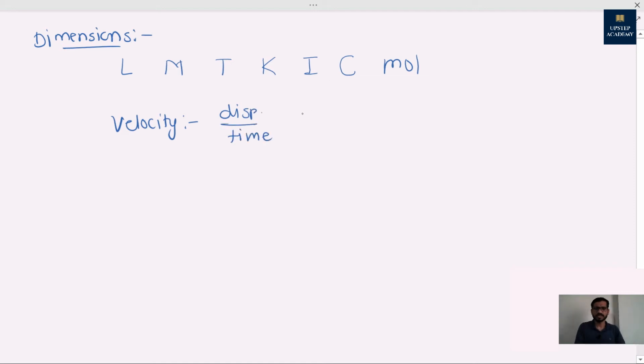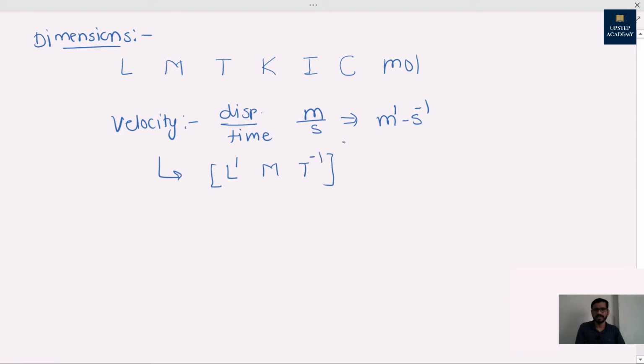What are the units of velocity? Meter per second. So simply we can write it as meter second raised to -1. From that we can write the dimensions, or dimensional formula, of velocity as L M T. Meter is related to length, and the power is 1, so L raised to 1, and second means time, so time raised to -1.